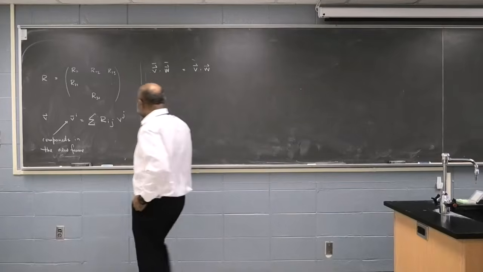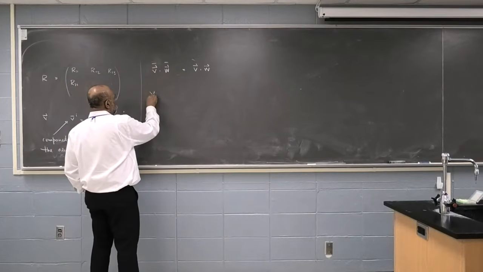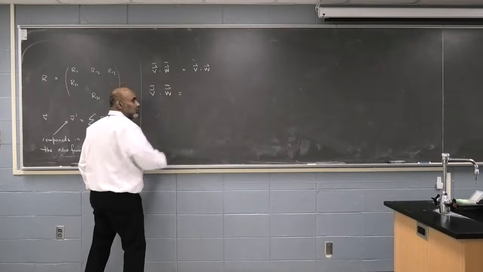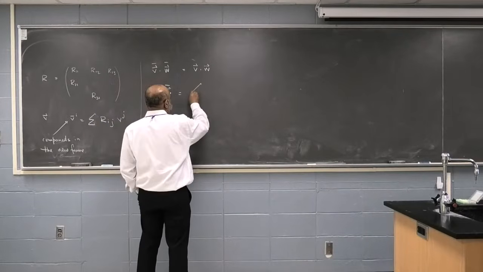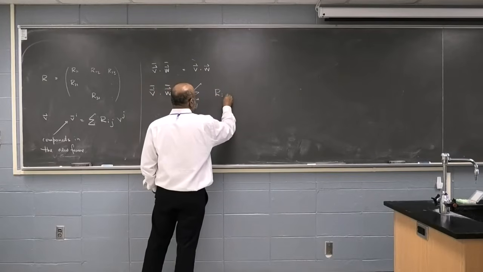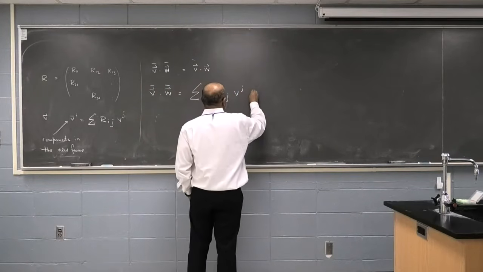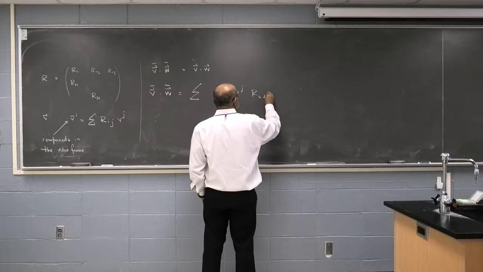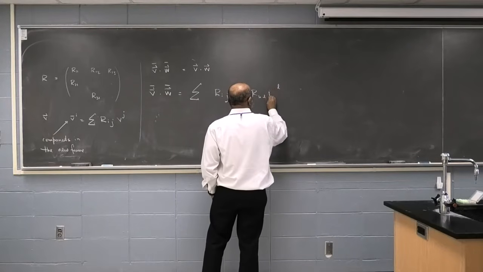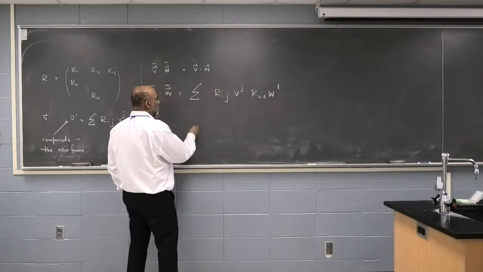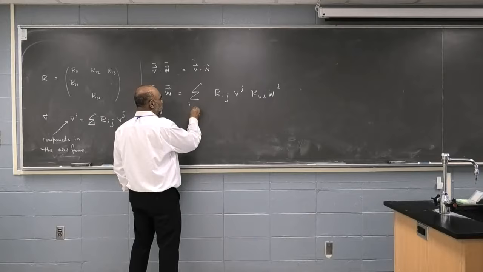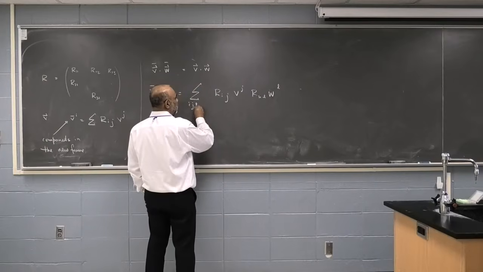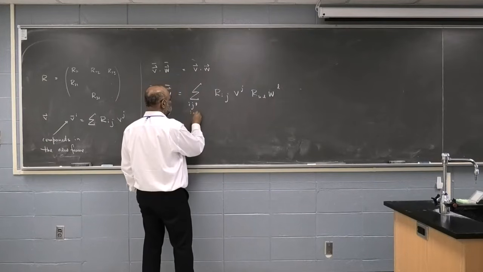So how can that happen? Well, let's see. I want this to be a matrix. So I can write V bar dot W bar is equal to, tell me if this is correct, the sum over i, j, k, l of R_ij V_j R_kl W_l, and I need i equals k.